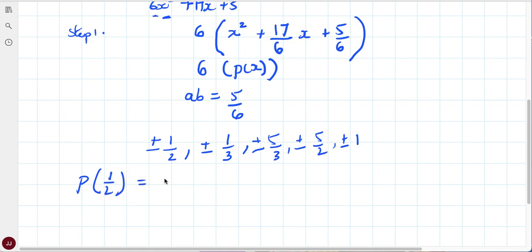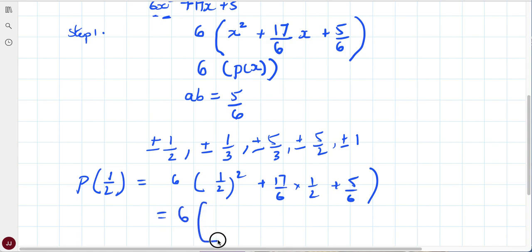P of 1 by 2 is equal to 6 into 1 by 2 whole square plus 17 by 6 into 1 by 2 plus 5 by 6. 6 into 1 by 4 plus 17 by 12 plus 5 by 6.